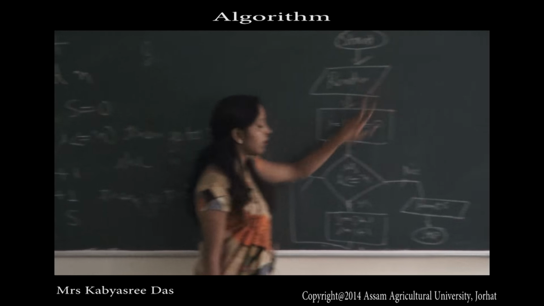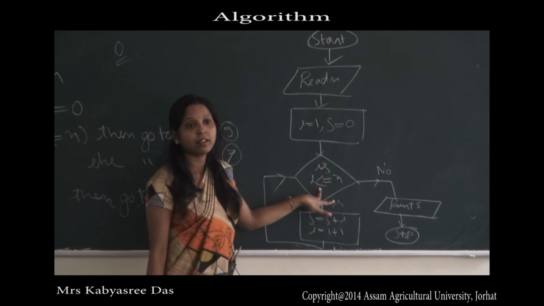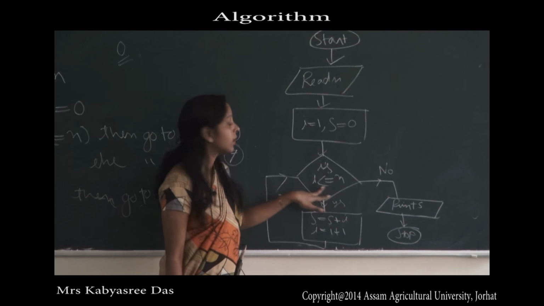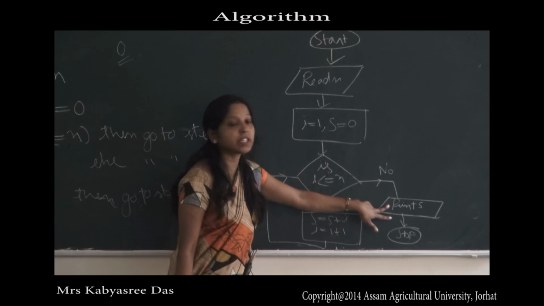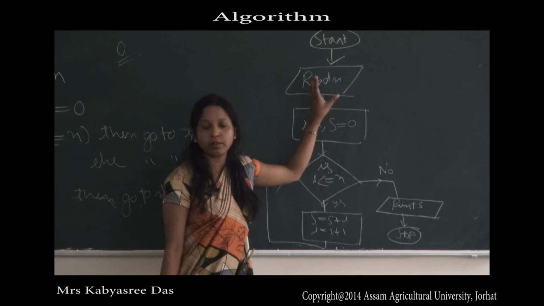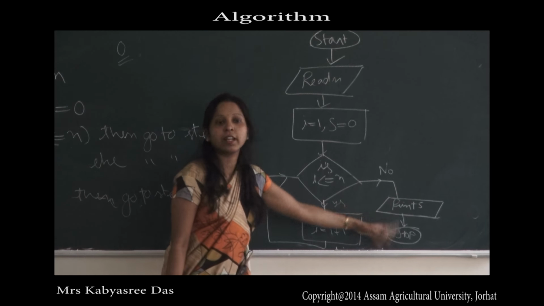If n is 0, now this condition is false: 1 is not less than or equal to 0. You directly go to step 7. Print S. The value of S is 0. That means it will print the value 0 and stop.